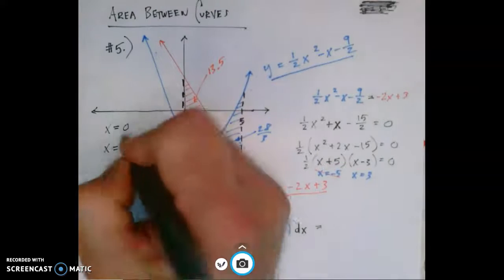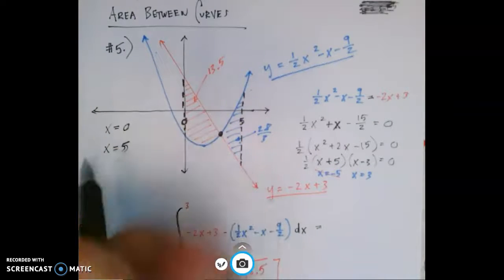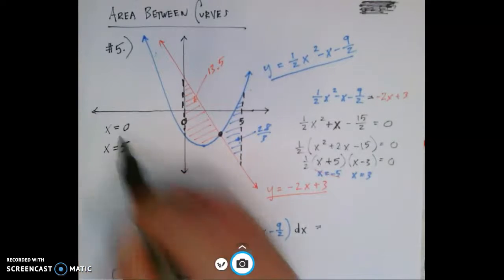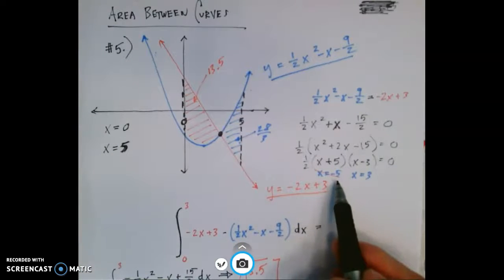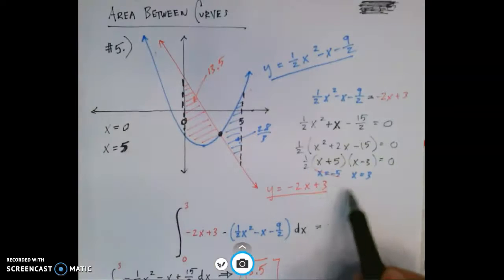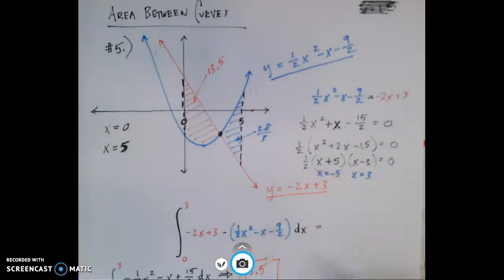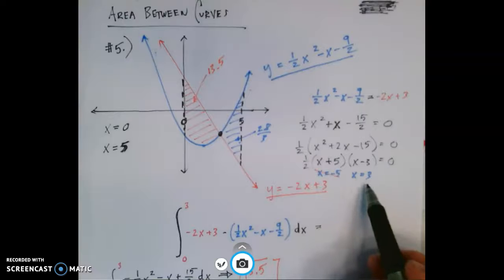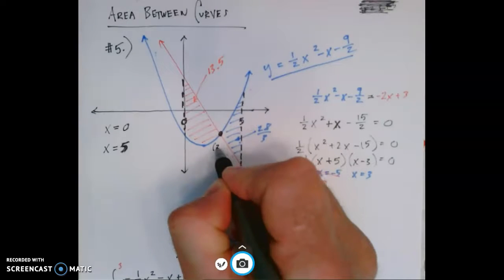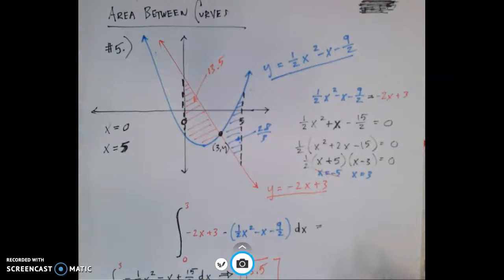Because our boundary is already from 0 to 5, we do not concern ourselves with the negative 5. You can see right up here, this is where they would cross at x equals negative 5, but we don't concern ourselves with that, so we can get rid of that. Therefore, this we know to be 3 comma y. We don't care what the y is. We only care about my x value.